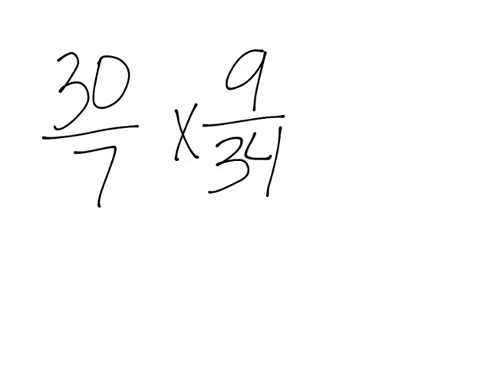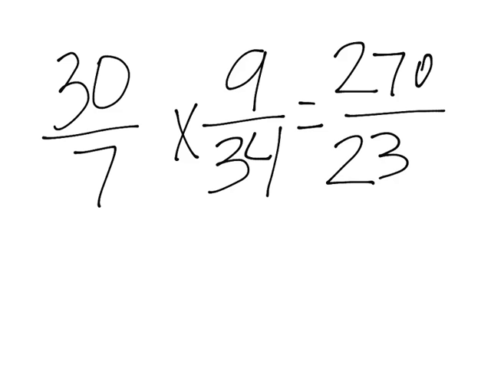All right. So 9 times 30, or 30 times 9, is 270. And 7 times 34 equals 238.